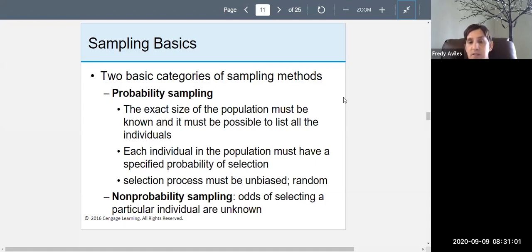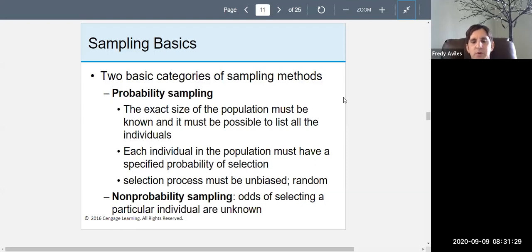So if there's 1 million people in the population, then each of them has a 1 in a million chance of being in the survey, or being in the sample. The selection process must be unbiased. It has to be random. It can't be that you just pick and choose whoever you want based on a certain state or a certain age. It has to be unbiased, has to be random, and we'll talk about how you do that. Okay, that's probability sampling.